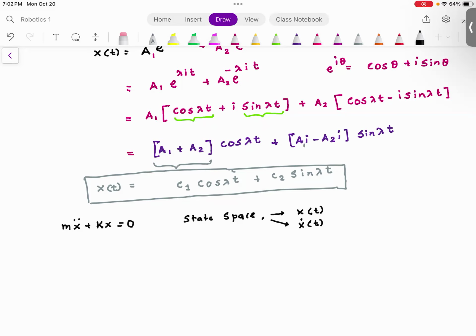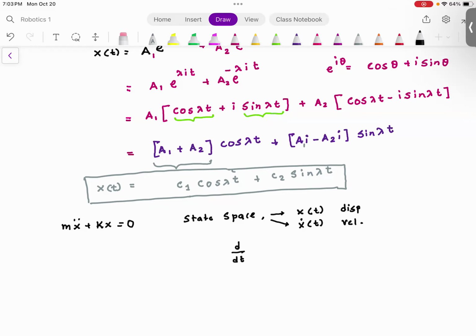So this is a second order differential equation, and I'm going to represent it in terms of a set of first order differential equations. The state space comprises displacement and velocity. So I'm going to write this equation something like this. Do you agree with me?